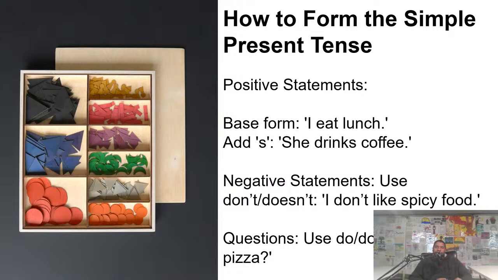When I'm asking the question, what do I have to do that's different? Exactly. I have to say does. Does he like pizza? Does she like pizza? Does it like pizza? And if we're talking about my dogs, yes, they definitely love pizza.